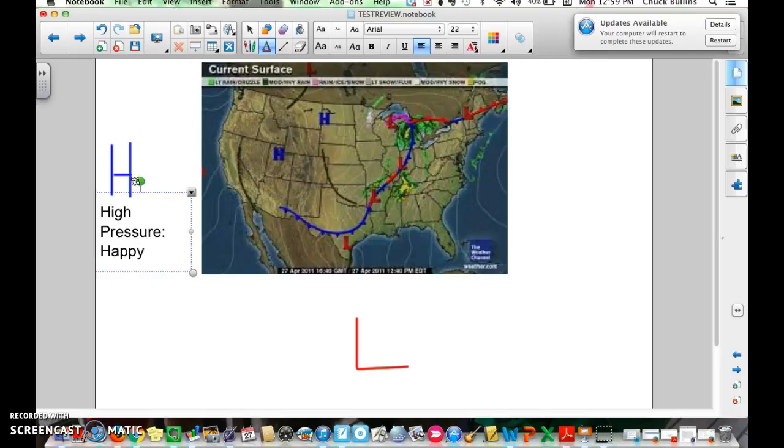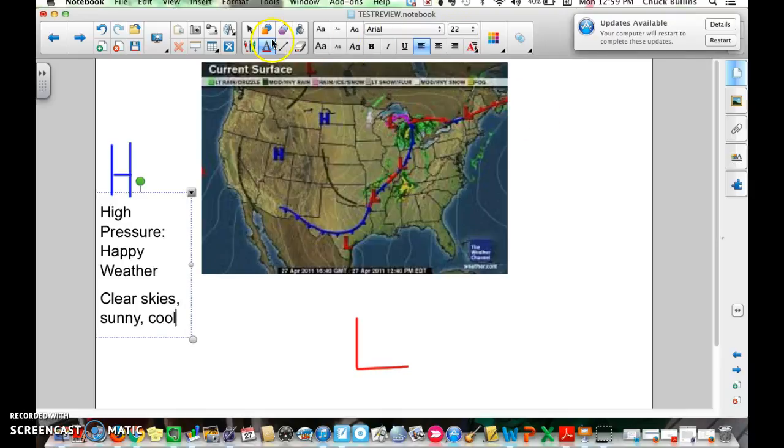Notice that the one starts with an H and the other starts with an H. High and happy. Happy weather, that means it's clear skies, sunny. It might be a little cool. I know that sounds weird. That's an H, but it's a high pressure system.